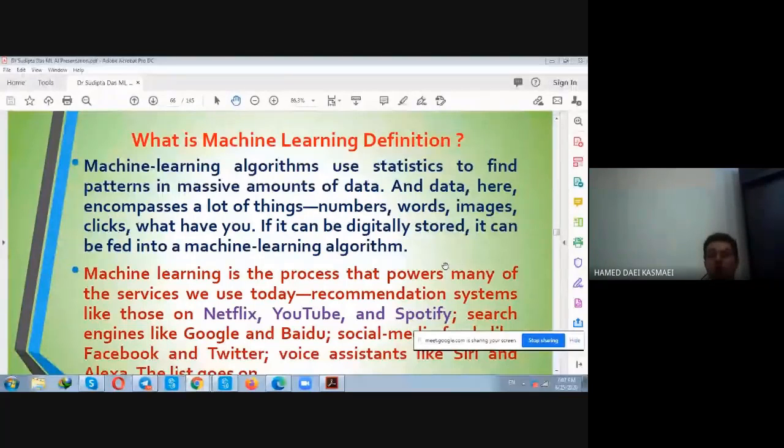So all of the information can be predicted and analyzed based on machine learning, because the human brain cannot do this because of the huge data that has been considered. Okay, so this is very important to know.